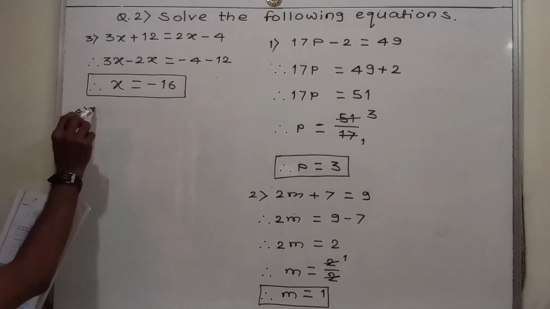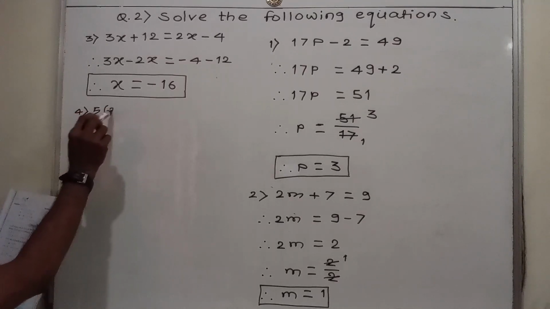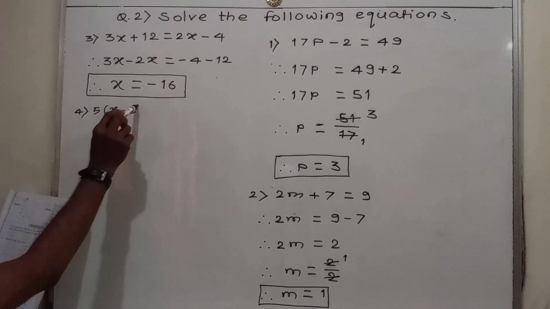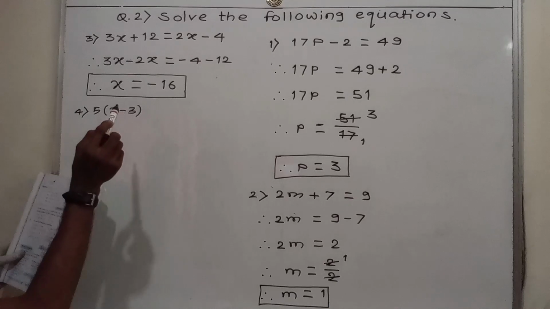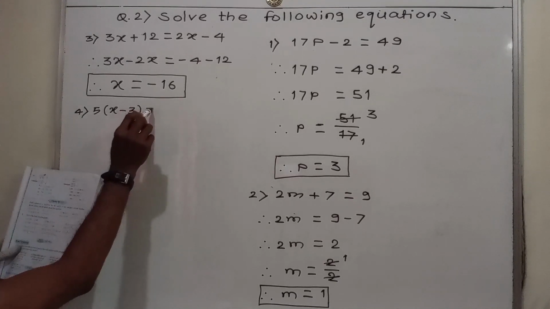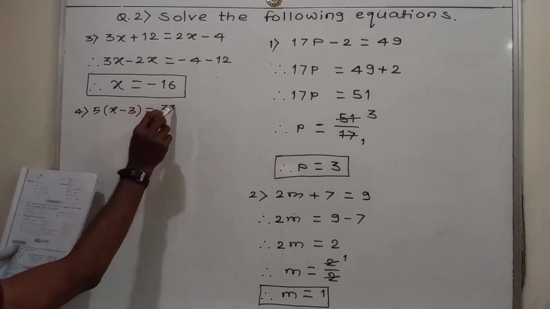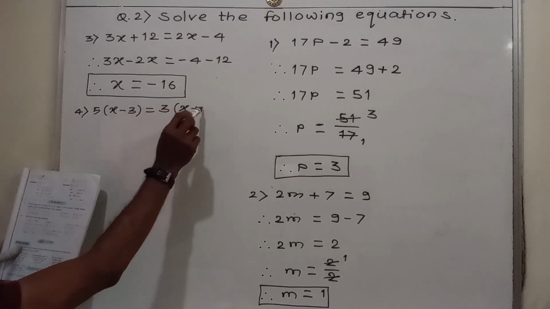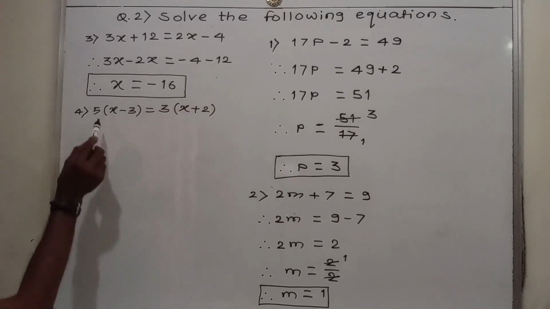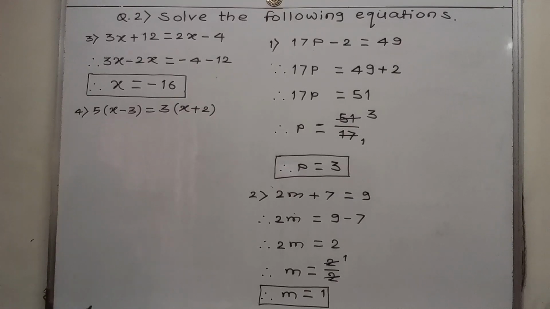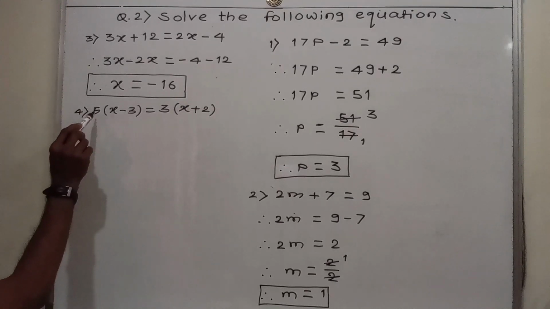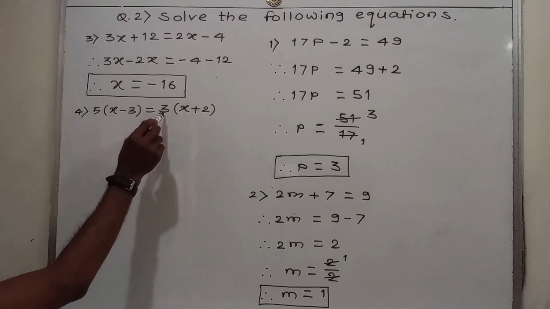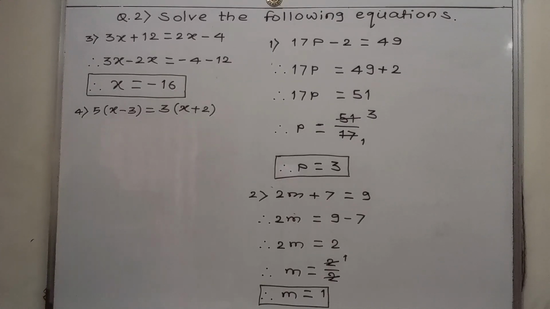Then next, 4. 5 in bracket x minus 3 is equal to 3 in bracket x plus 2. Now here the product is 5 into the bracket, and 3 into this bracket.